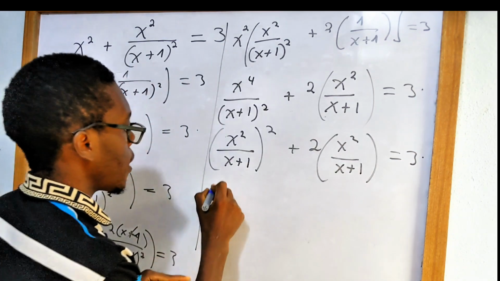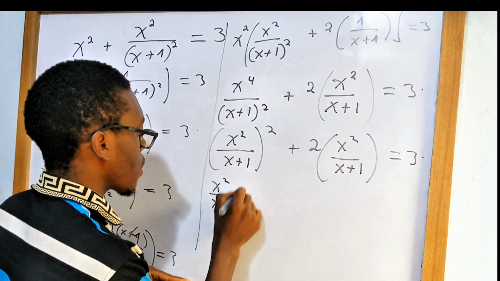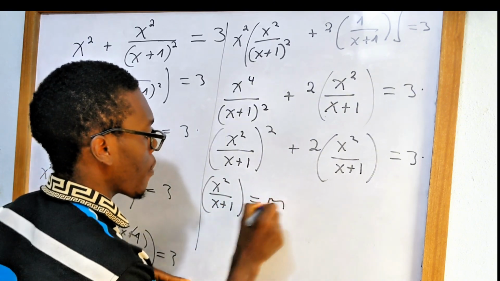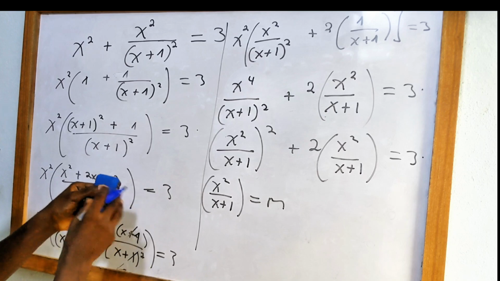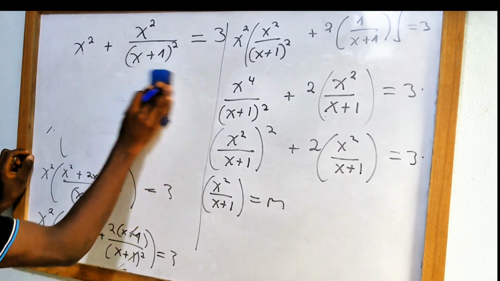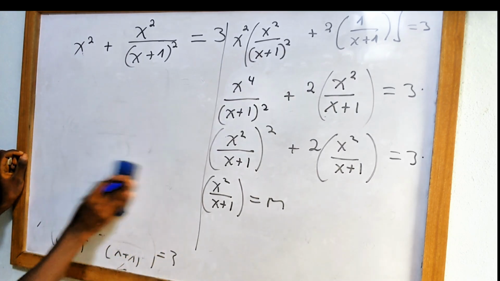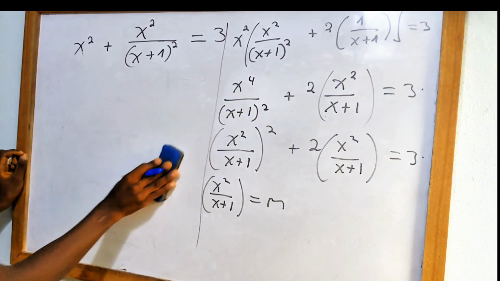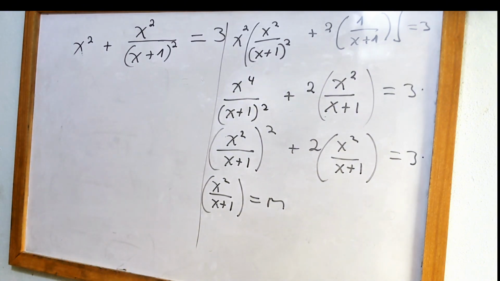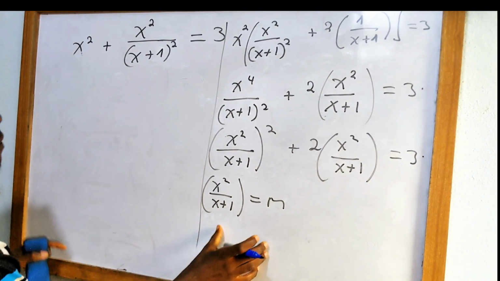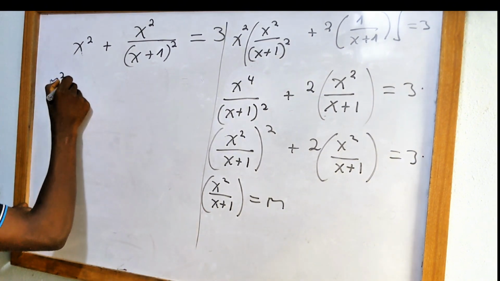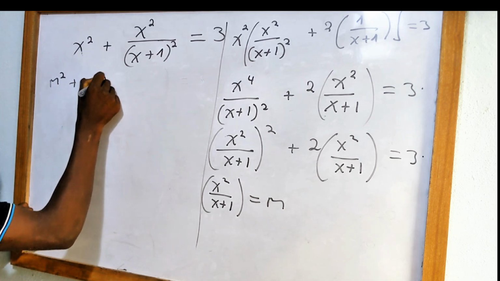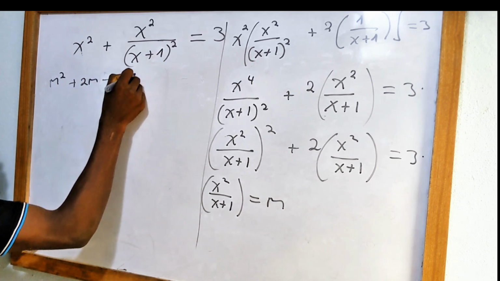Hence, at this point, you can say that x square all over x + 1 is equal to m, such that we are going to have m square plus 2m minus 3 equals 0.